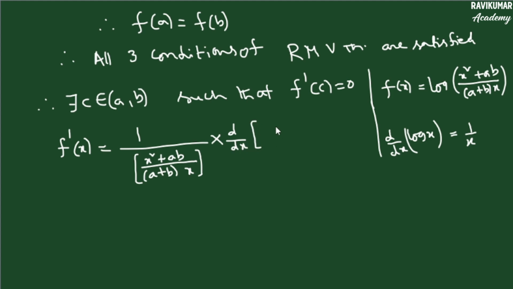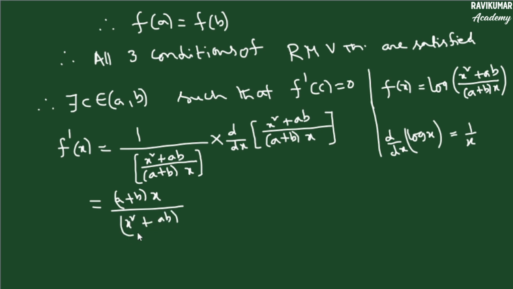Inner derivative of (x square plus ab) divided by (a plus b) into x. So this you can write as (a plus b) into x divided by (x square plus ab) multiplied by, because 1 by (a plus b) is a constant, you can take it out of the derivative and write d by dx of, you divide the x square plus ab by x, you will get x plus ab by x.